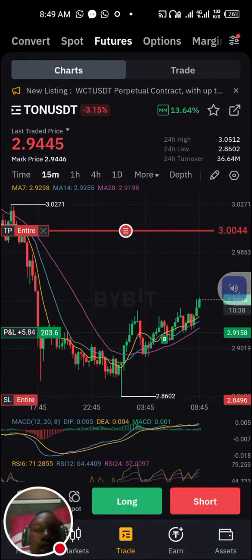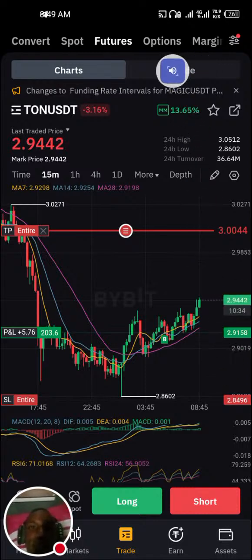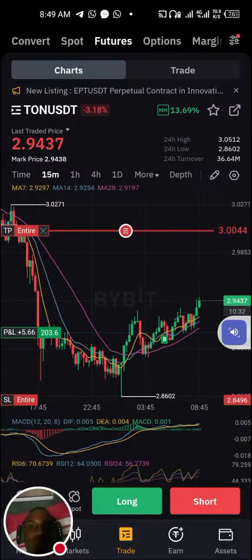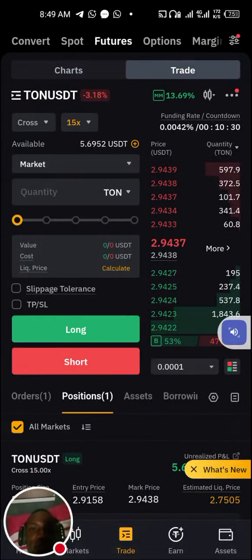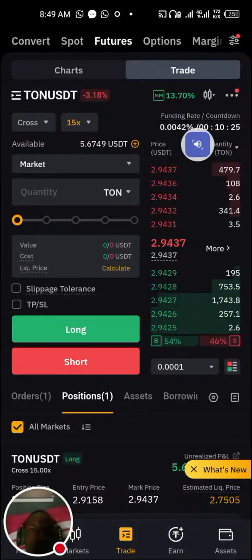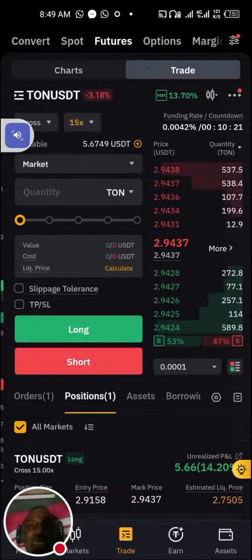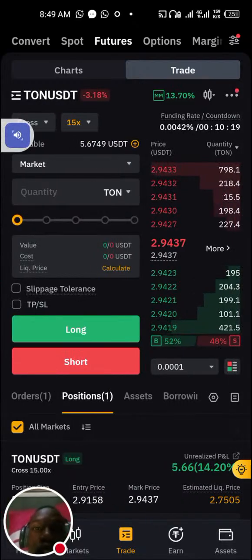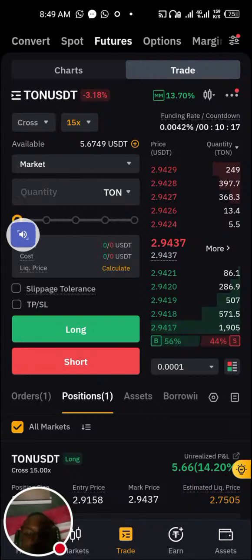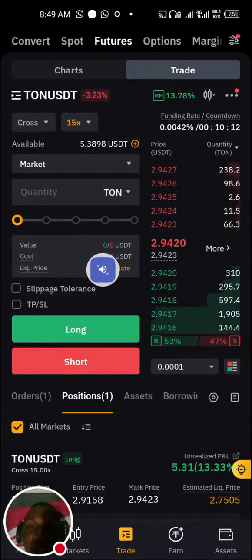So if the signal says you should long in the market, you tap right here. You tap trade. After tapping on trade, it's going to show you this. You see, I tapped on trade and the screen changed like this. So if your balance is right here, you select your leverage. Guys, I'm doing this for those that don't know how to enter the market.